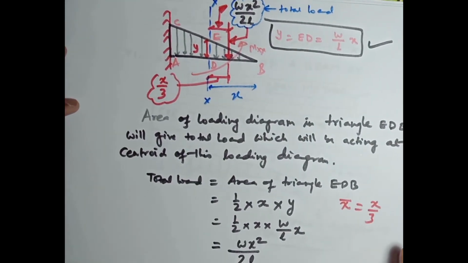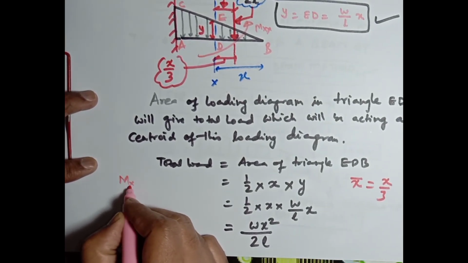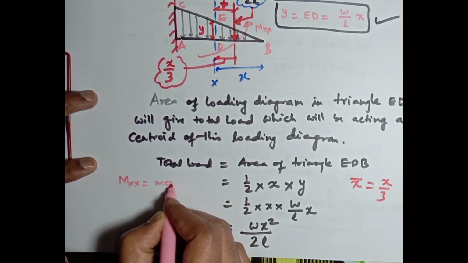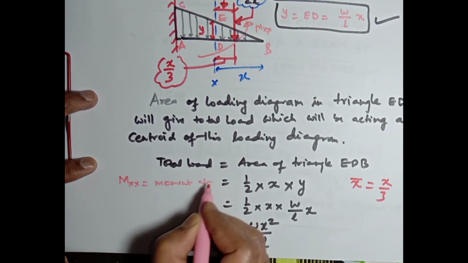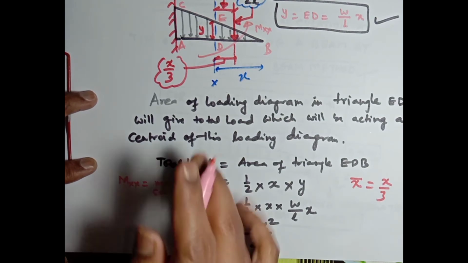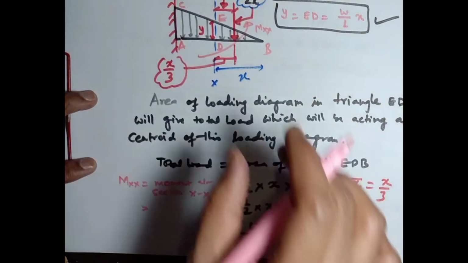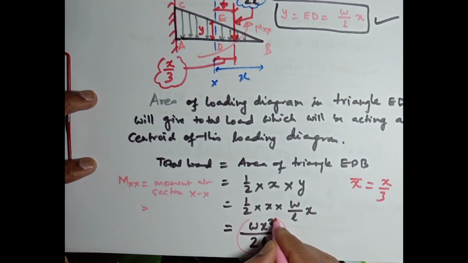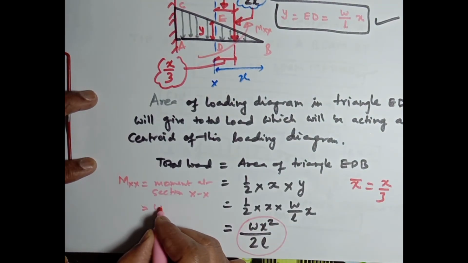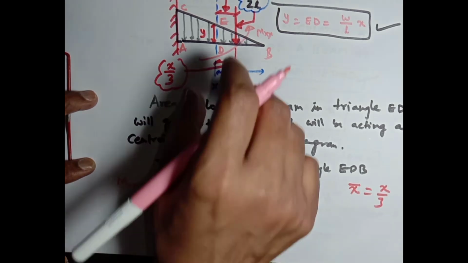We are going to calculate moment Mxx, the moment at section xx, which is equal to the total load, WX square divided by twice L, multiplied by the centroid.